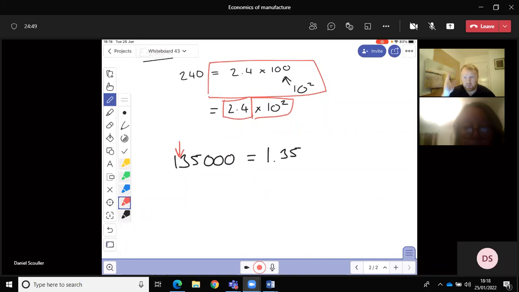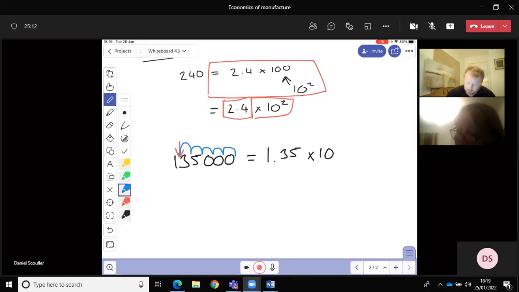That's going to be times 10 to the power of something. Now I'm going to count how many times I've had to move that decimal point to get to that 1.35: 1, 2, 3, 4, 5.